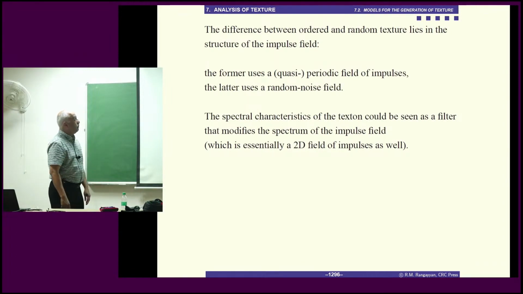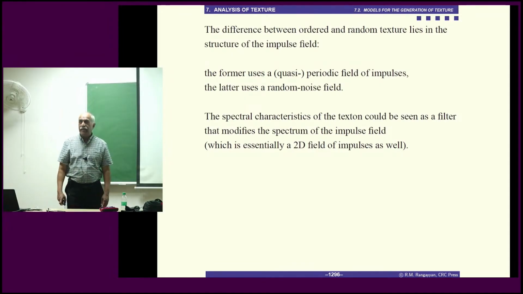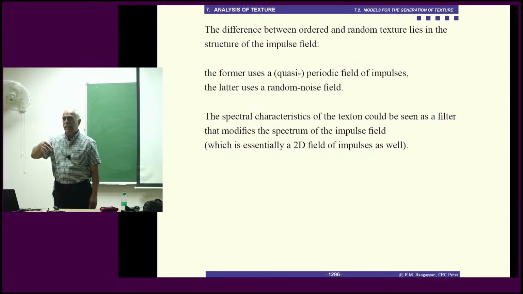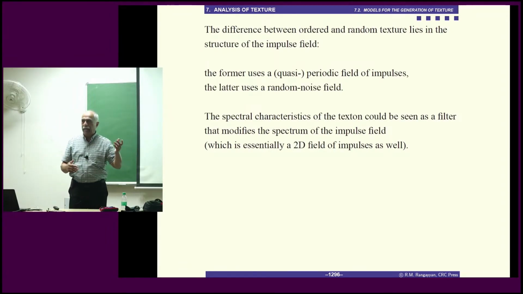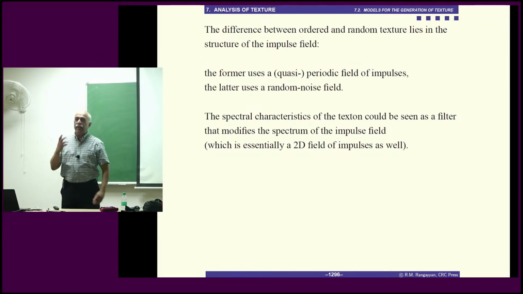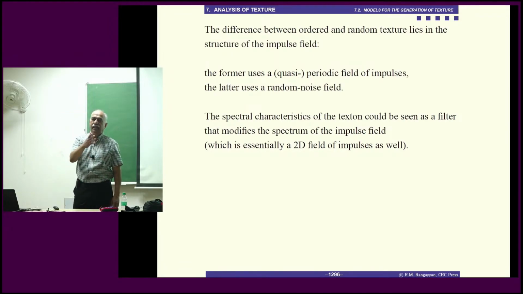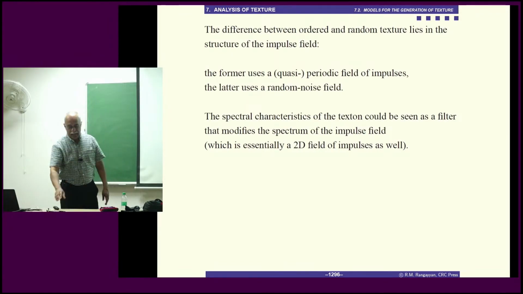One uses a quasi-periodic field of impulses. The other uses random noise. Random noise is also a bunch of impulses. Every pixel is like an impulse. We saw earlier that you can represent any signal as a bunch of weighted impulses. The same in 2D. So one is a periodic field of impulses. The other is random noise.